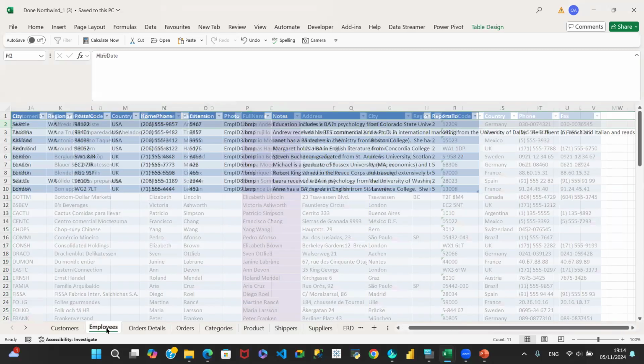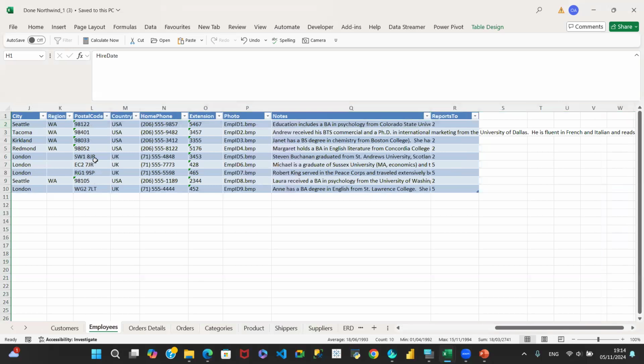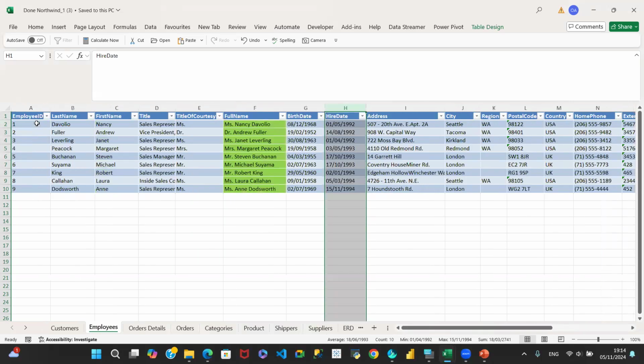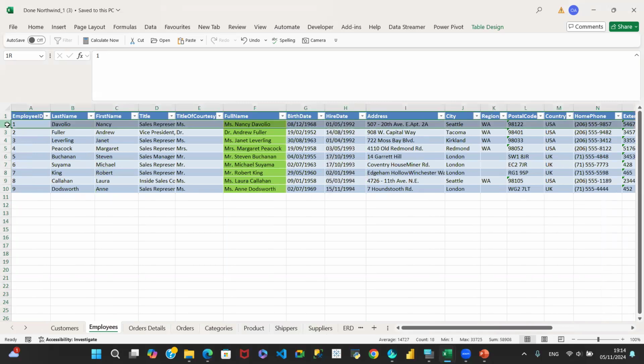Then they have the employees table where they keep a list of their employees. So the more people they employ, the more this list also starts to grow. Currently, they have 9 employees. We can see each employee has got a unique identifier, employee ID, their last name, their first name. The first employee there, Davolio, with employee ID 1, Davolio Nancy.